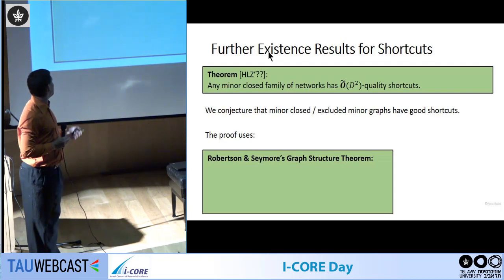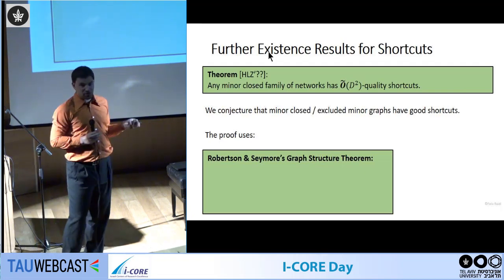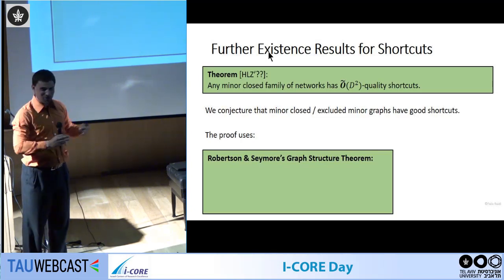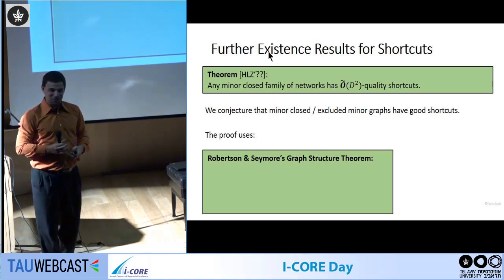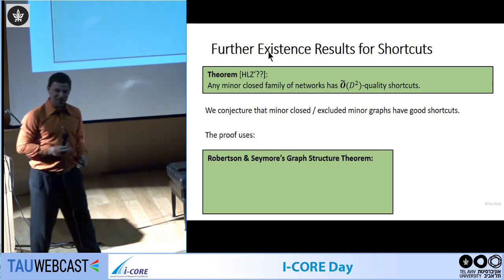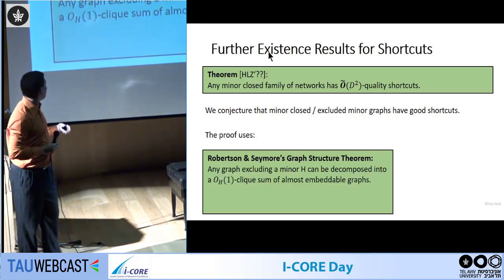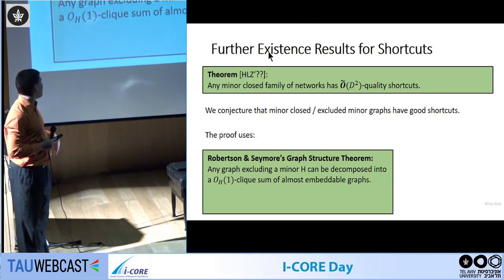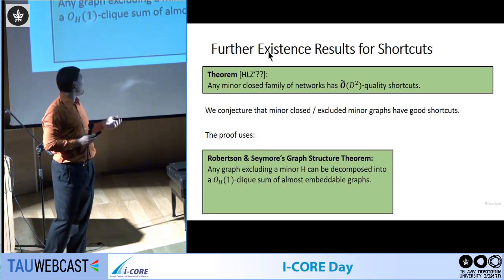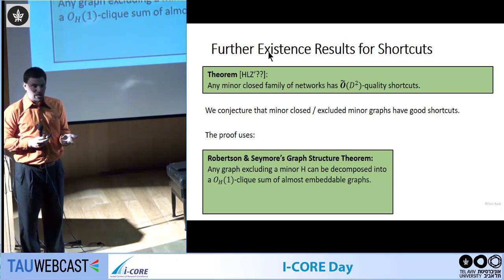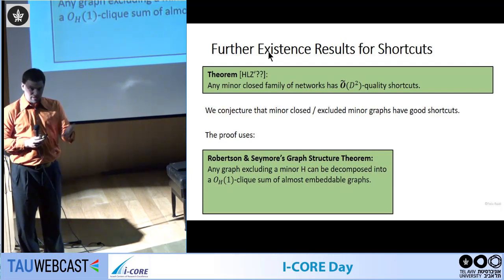This proof uses Robertson and Seymour's graph structure theorem, which is a huge monster, 23 papers, 20 years of work, and we just use it as a big fat hammer to make this happen. What it basically says is that any graph that excludes a certain minor can be decomposed as a clique sum of graphs that are almost embeddable.